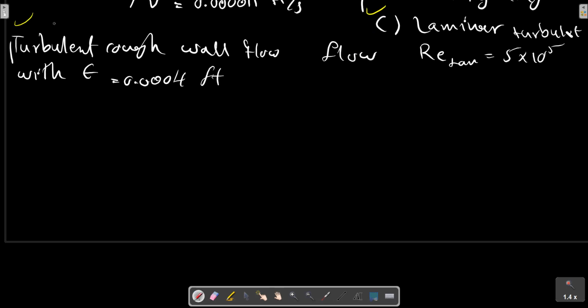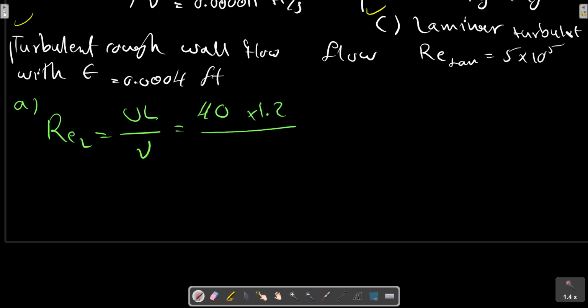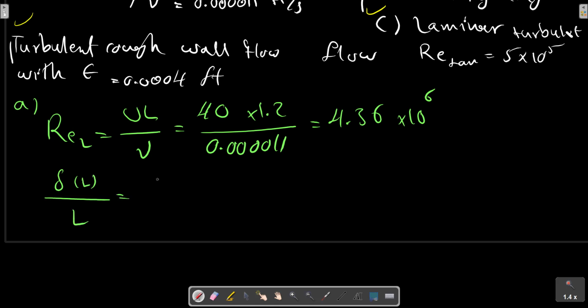For calculating delta, we should first calculate Reynolds L, which is equal to UL over nu. We have the velocity, and the kinematic viscosity, which is equal to this. So we now calculate delta at L over L, which was 5.